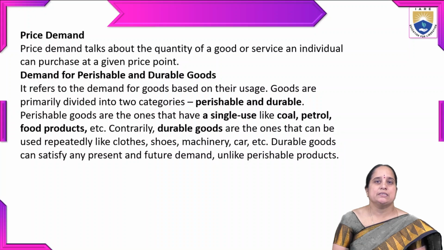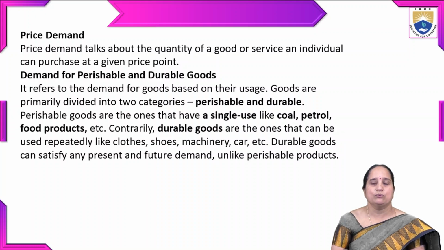The next demand is price demand. Price demand talks about the quantity of a good or service an individual can purchase at a given price point. Then there is demand for perishable and durable goods.